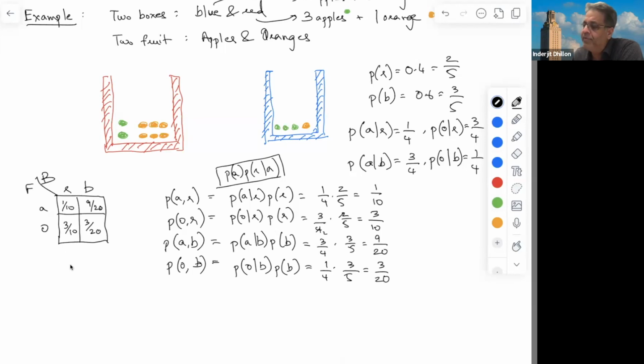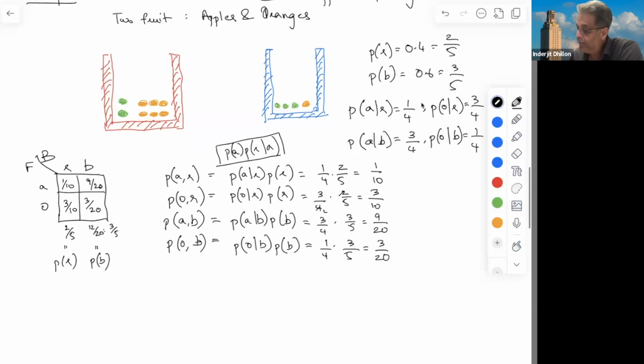If I add P of A comma R plus P of O comma R, what does it add up to? 4/10, which is 2/5. And that's P of R, exactly what was given. So far, I haven't made a mistake. And this is 12 divided by 20, which is equal to 3 divided by 5. And you have verified that this is the same.